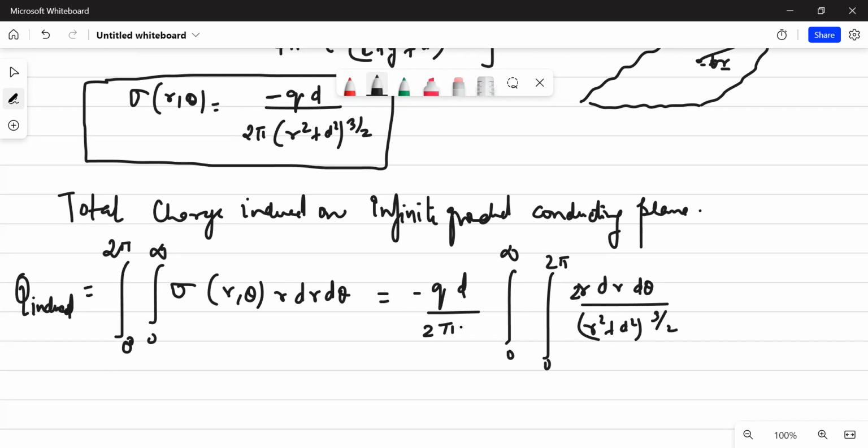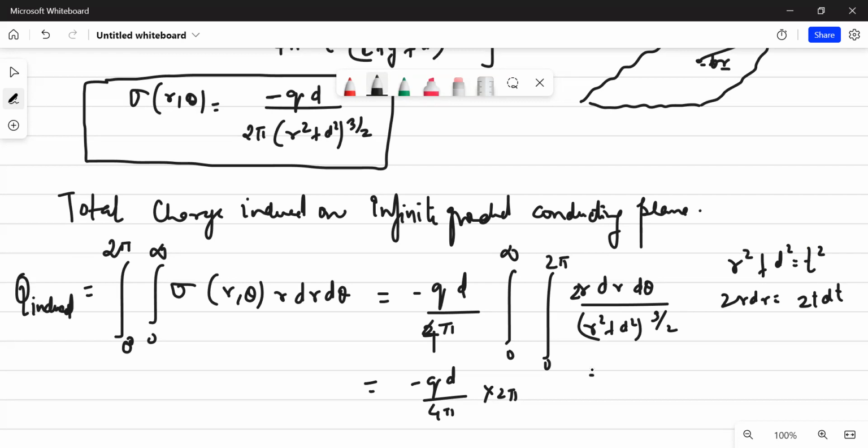So I'll write 2r here, and 4 pi here. If r square plus d square is taken as t square, then 2r dr would be equal to 2t dt. This is equivalent to minus qd upon 4 pi into 2 pi, and this will be 2t dt divided by t cube.